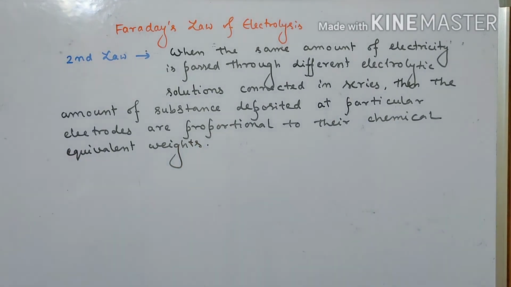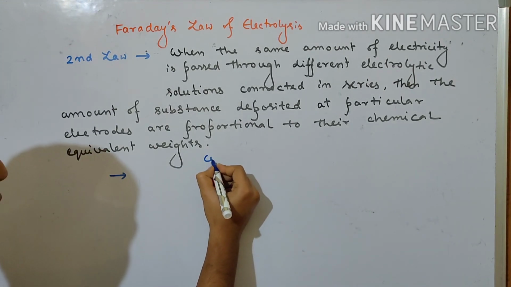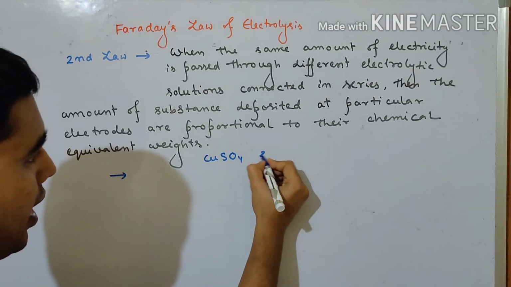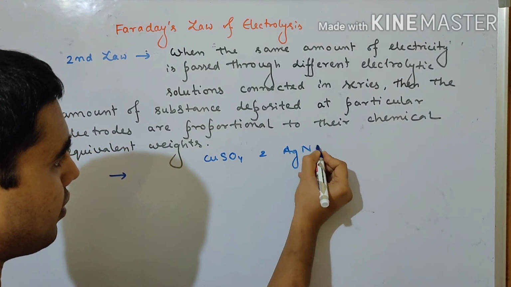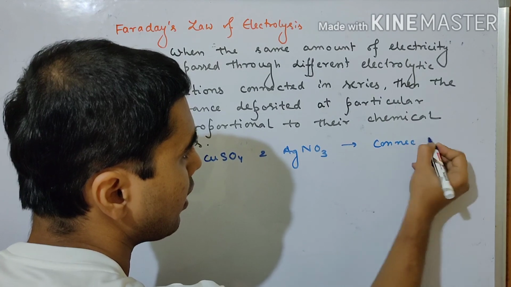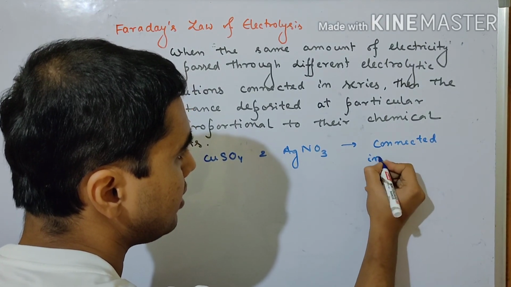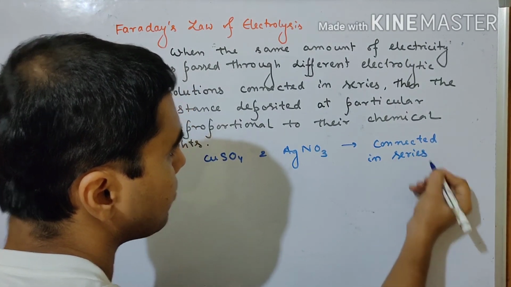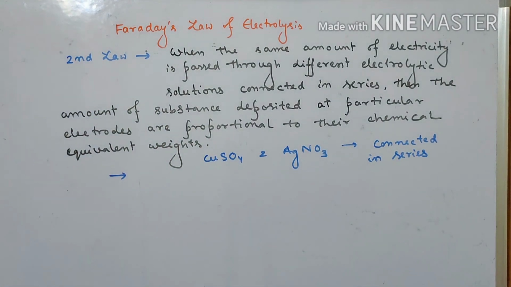So this is the Faraday's second law. Carefully see to it. How to explain this law? Suppose there are two solutions, copper sulfate and silver nitrate, and these two are connected in series.